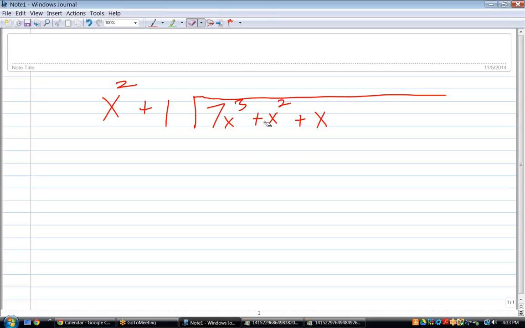A 0. Yeah. Well, I think the solution to this problem requires putting the dummy variable in here. So instead of dividing by x squared plus 1, you divide by x squared plus 0x plus 1. And let's see if that solves the problem that I had.